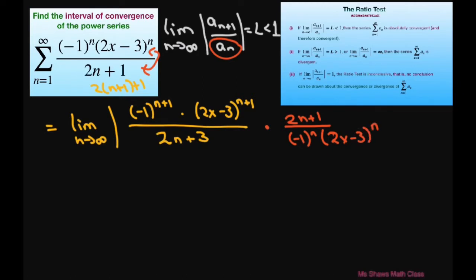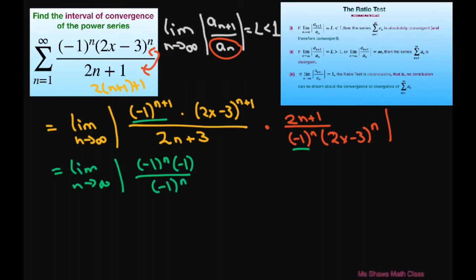All right, let's group all this together to help us simplify. So we have the limit as n approaches infinity of the absolute value, and let's do our negative ones here. So we have negative 1 to the nth times negative 1 divided by negative 1 to the power of n. Now let's do our x's.